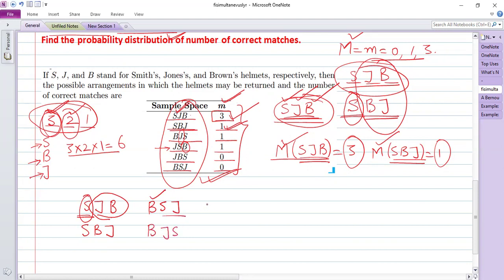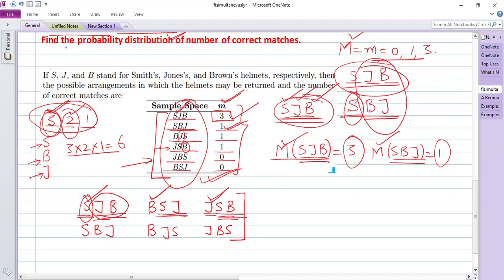Now start with J: JSB, fix this J and permute S and B. So you start with S and permute J and B, start with B and permute S and J, start with J and permute S and B. So you can see the same six sample space points are there.